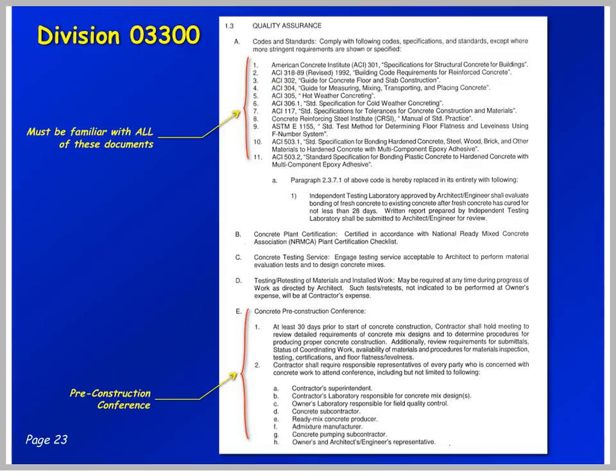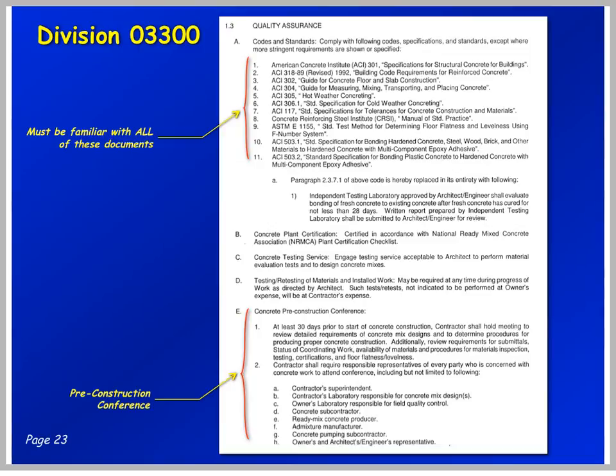ACI, ACI, ACI, ACI, specifications of all kinds of documents. I'll bet if you added all these up and put all the books one on top of each other, they might add up to maybe 1.5 inches to 2 inches thick, all brought in simply by this paragraph. These are documents that you need to be familiar with.